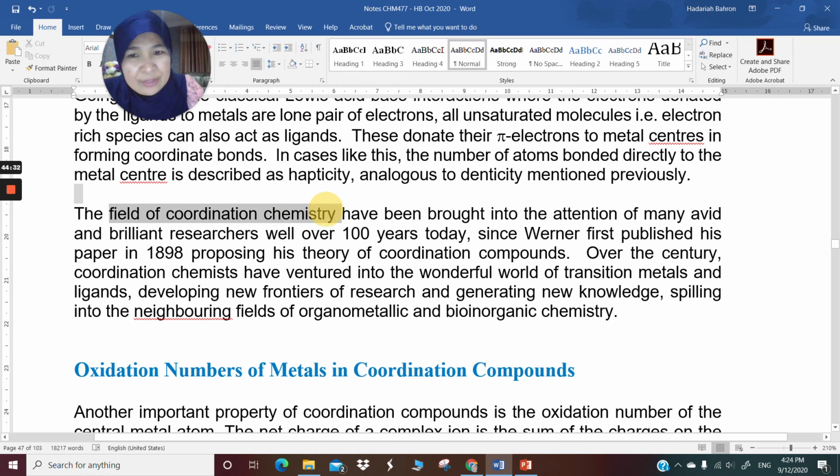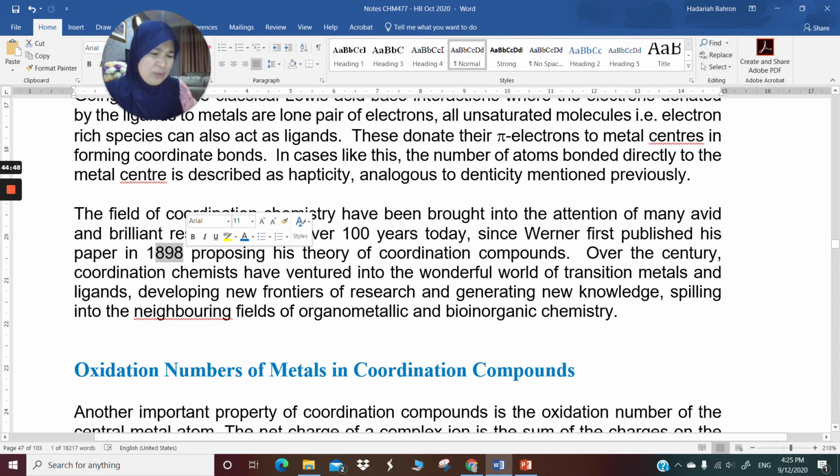Now, the field of coordination chemistry has been brought into attention by many avid and brilliant researchers well over 100 years ago. This is almost 200 years since Werner first published his paper in 1898. So let's count that. This is year 2020. Really, I'm not very good at mathematics. Let me see. Who can tell me 2020 minus 1898?